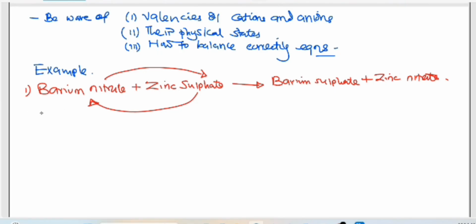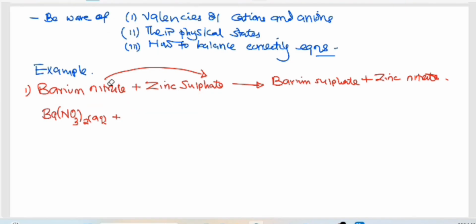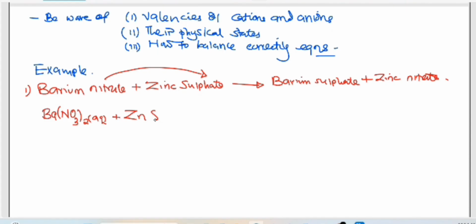So now there will be barium. We know that barium is valency 2. So barium nitrate will be written like this, since they have exchanged their valencies. Nitrate is valency 1. This one is in aqueous state, plus zinc sulfate. Zinc is valency 2 and the sulfate is valency 2.